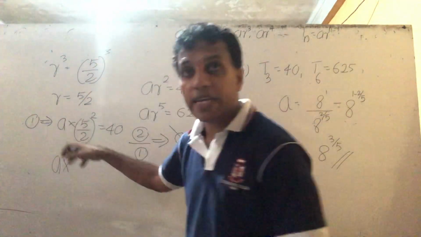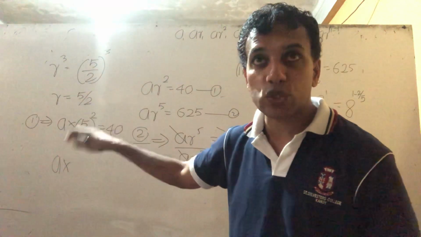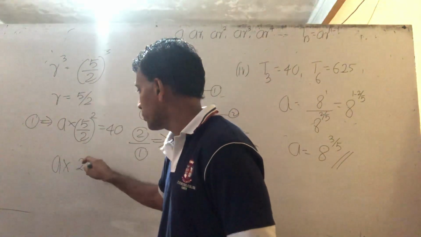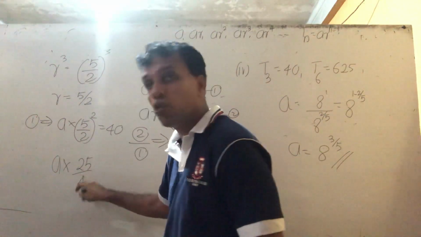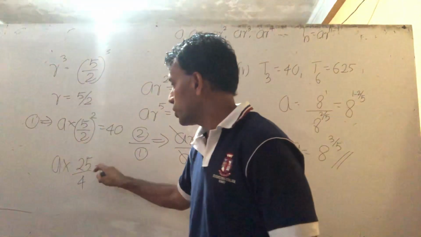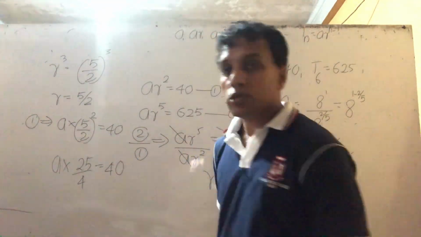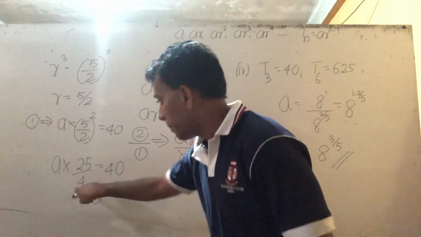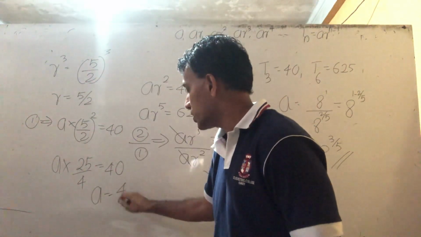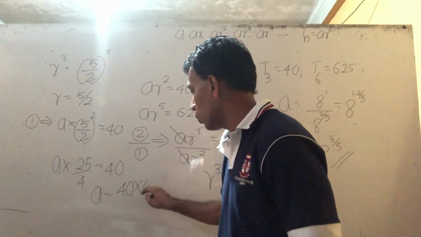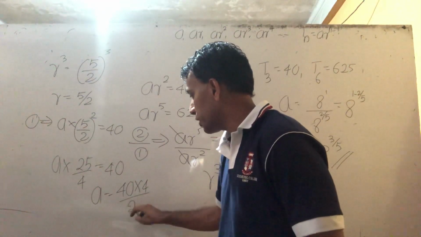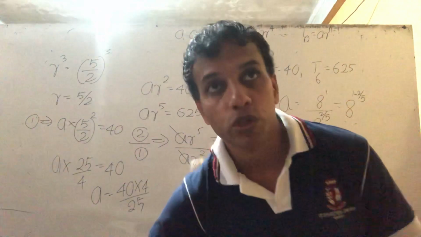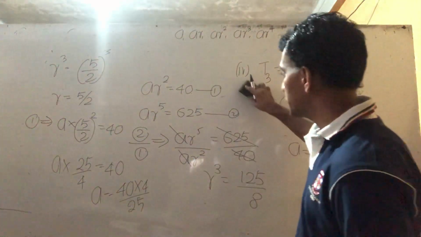What is (5 over 2) squared? 5 squared is 25, 2 squared is 4, equal to 40. So A equals 40 multiplied by 4 divided by 25. Solve that and find A.